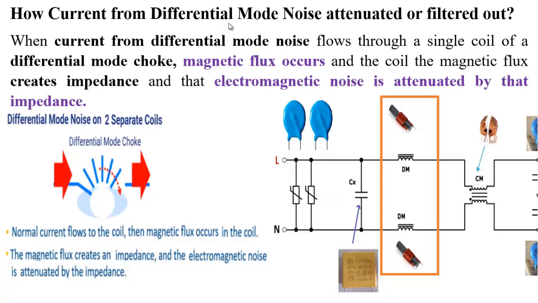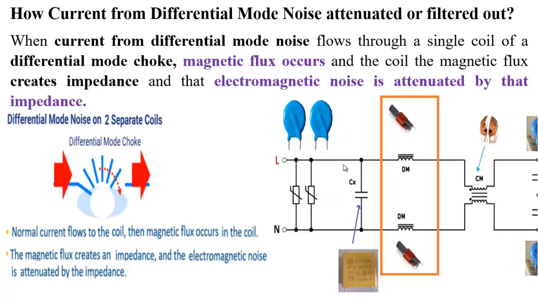How is current of differential mode noise attenuated or filtered out? This one is the main application. When current of differential mode noise flows through a single coil of a differential mode choke, magnetic flux occurs, and the coil's magnetic flux creates impedance, and that electromagnetic noise is attenuated by that impedance.